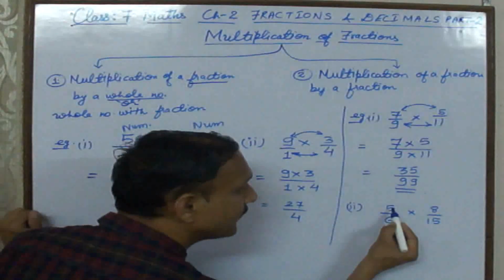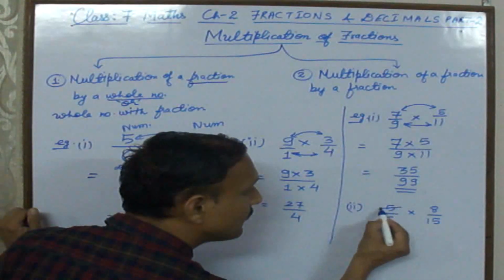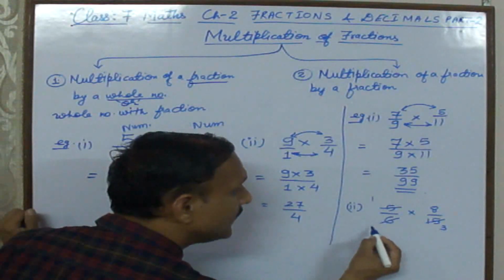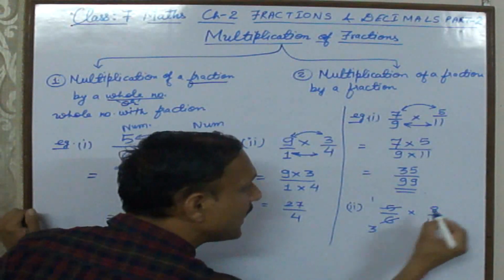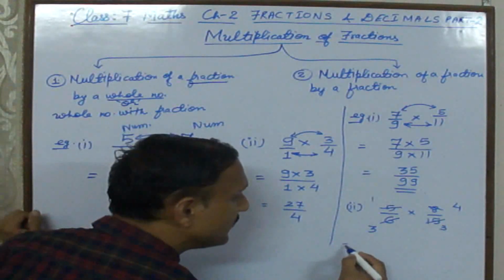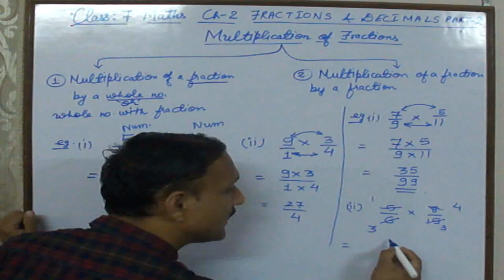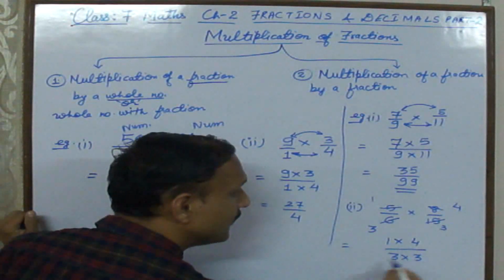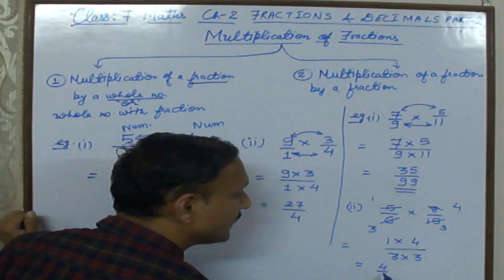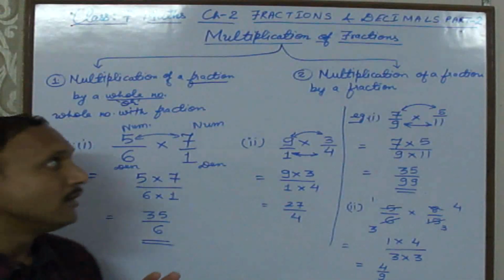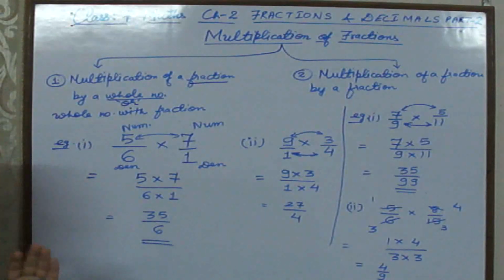Here it is possible to cut 5 and 15: 5 1s are 5, 5 3s are 15. And 6 and 8: 2 3s are 6 and 2 4s are 8. We have simplified it. Now after simplification we multiply numerator with numerator and denominator with denominator. So 1 times 4 is 4, and 3 3s are 9. In this way we can multiply a fraction by a fraction.